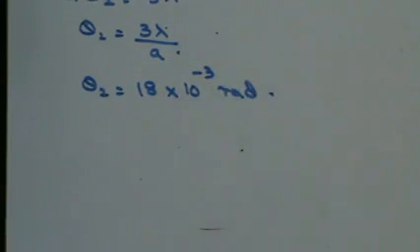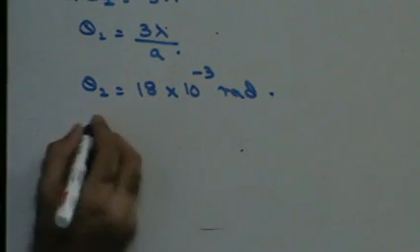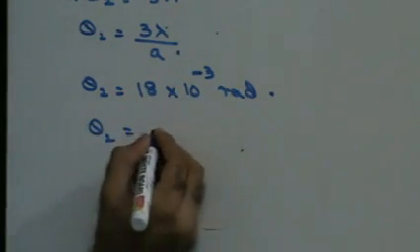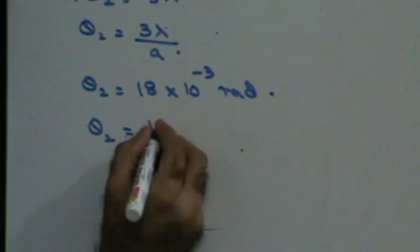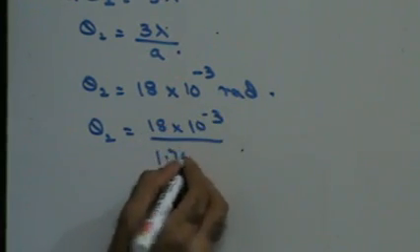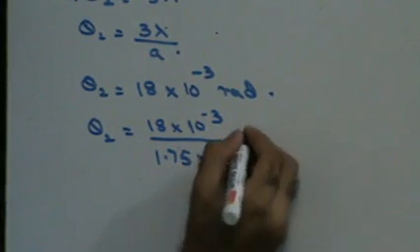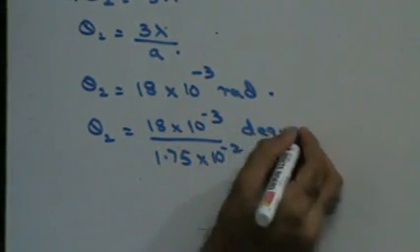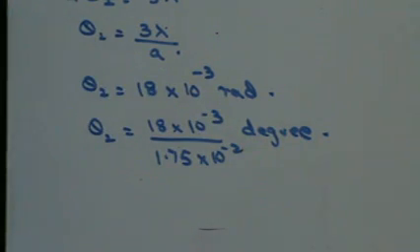To convert it into degrees, I divide this by 1.75 into 10 raised to minus 2, and you get the answer in degrees. So do we understand how to get the maxima and minima for a diffraction pattern?